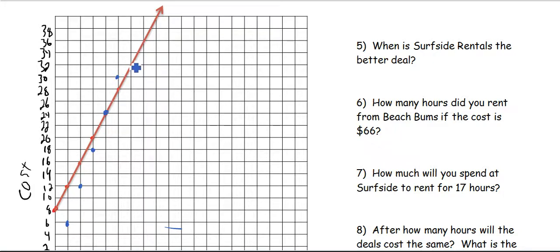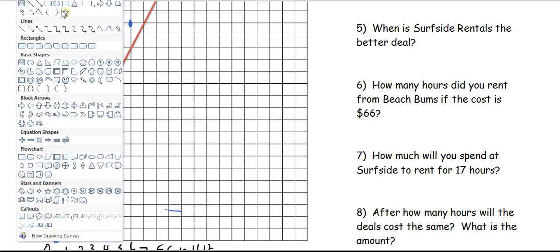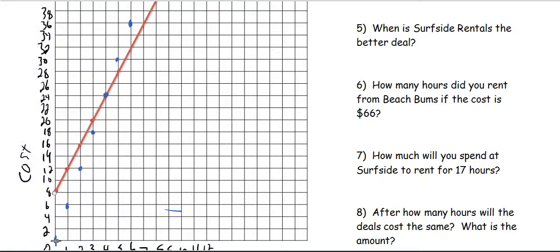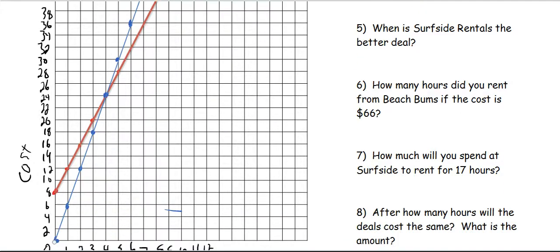Oh, there we go. All right, so let's go ahead and get our line in there. We're going to start here. And hopefully you can see why it's very important to have two straight lines.